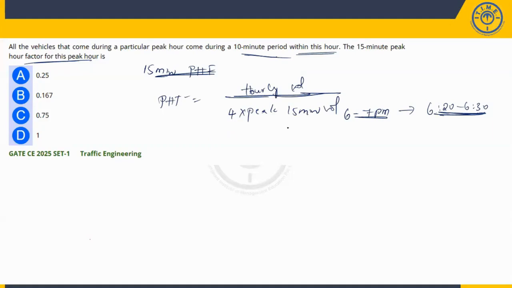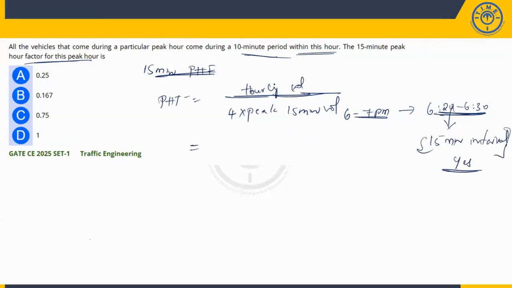So here what is told? All vehicles arrive within a 10-minute period. 10 minutes means, is it in this 15-minute interval or not? Yes. A 10-minute period means you treat it as inside the 15-minute period.